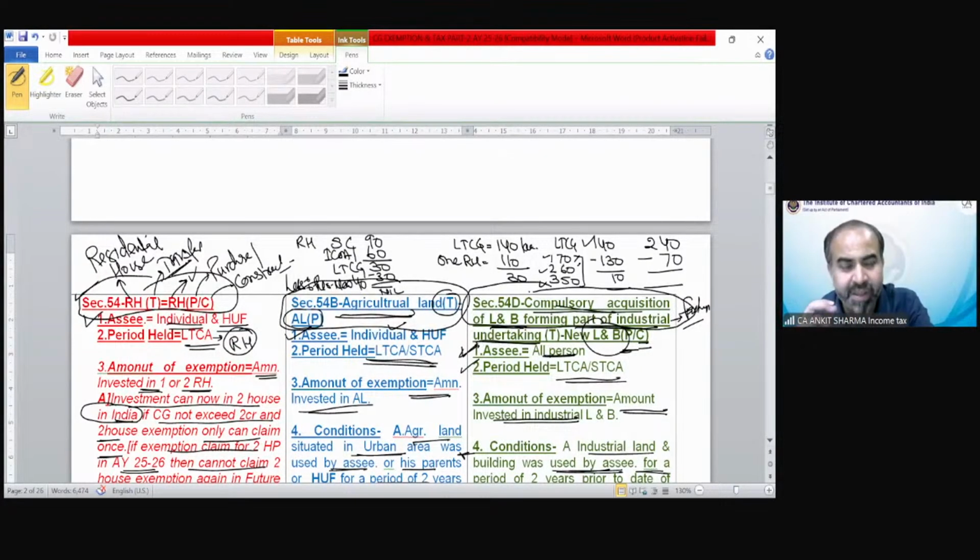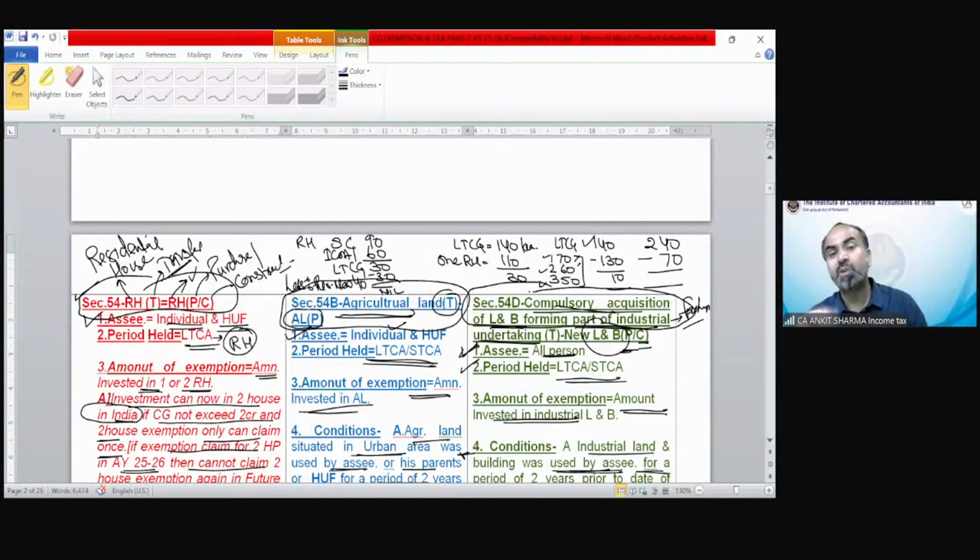What is the common thing you find in the nature of these exemptions? I am not talking about conditions like assessee or period of holding. But what is the similarity between these three sections' chargeability?